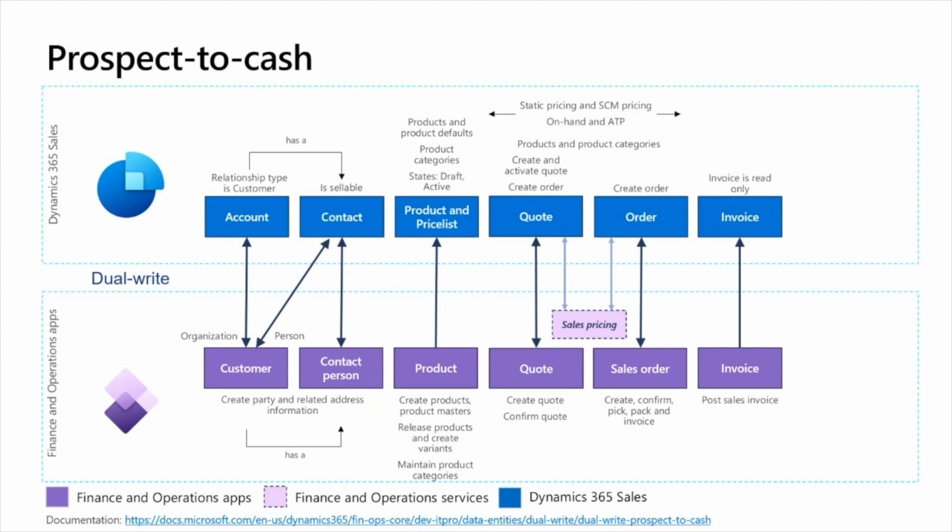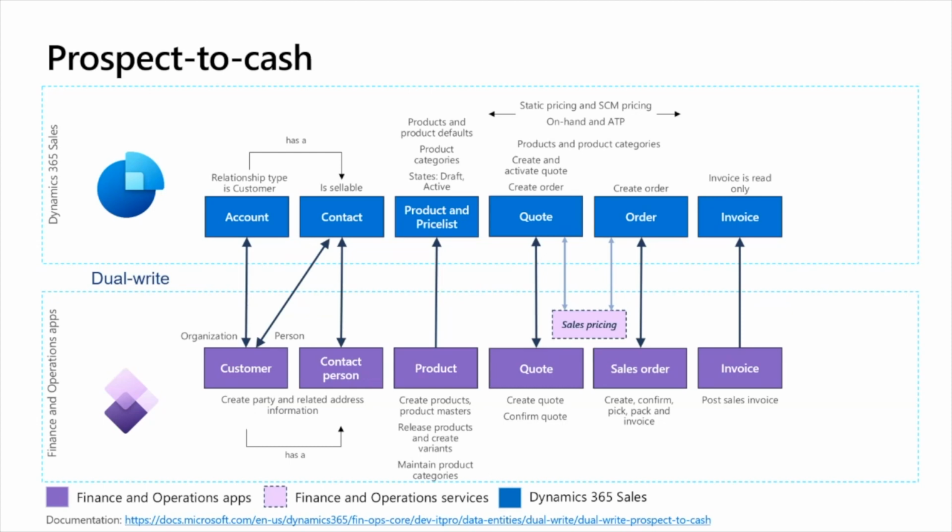They will be represented in sales as a contact. Those flows are bidirectional, so think of multi-master scenarios where you need to maintain information across both systems. From a product perspective, these are maintained exclusively in finance and operations and pushed through to sales.